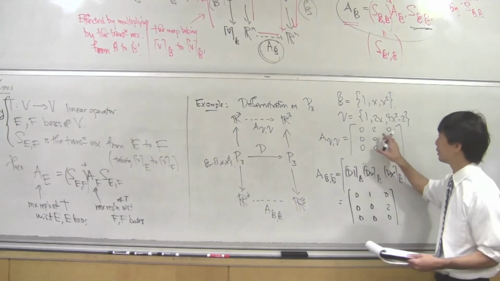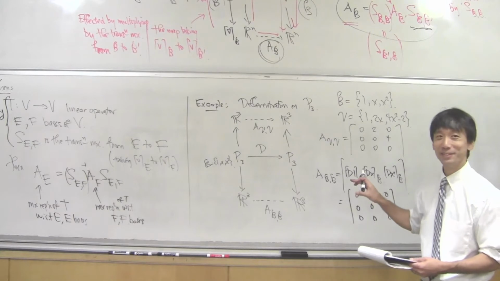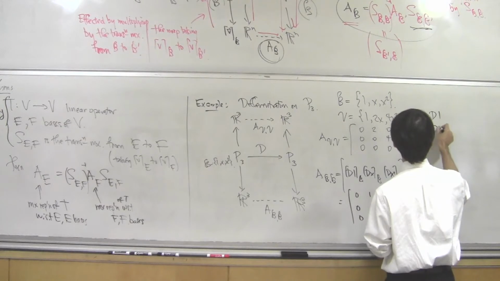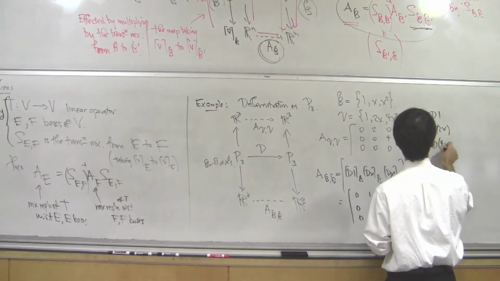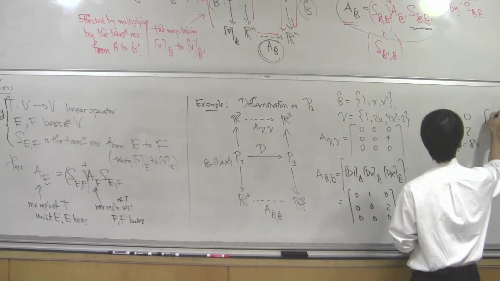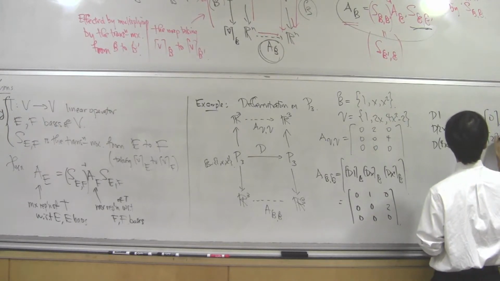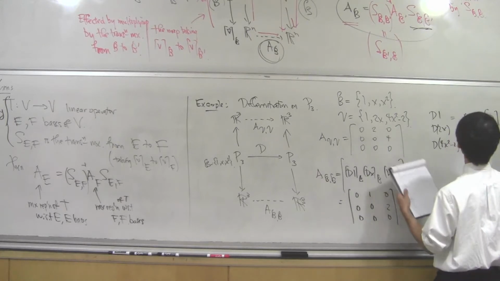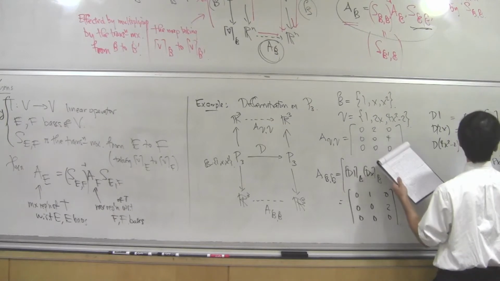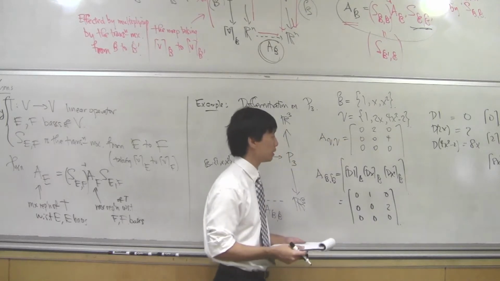Right, because the derivative of 1, the derivative of 2x, and the derivative of 4x squared minus 2 are 0, 2, and 8x, which, if you express them with respect to the B basis, are 0, 0, 0, 2, 0, 0, and 8x is 4 2x's, right? 8x is 4 2x's.